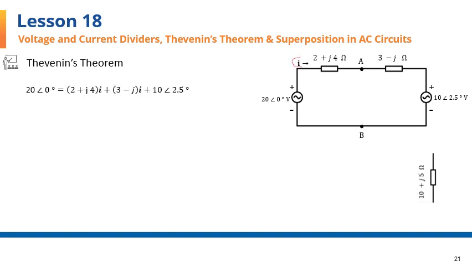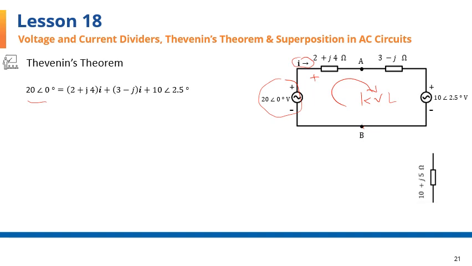Assuming current of I, lowercase I here, going through the circuit, I'll take the KVL in this direction. Starting from point B, there's a voltage rise of 20 volts. I wrote that on the left-hand side. And there are three voltage drops, which will add up on the right-hand side.